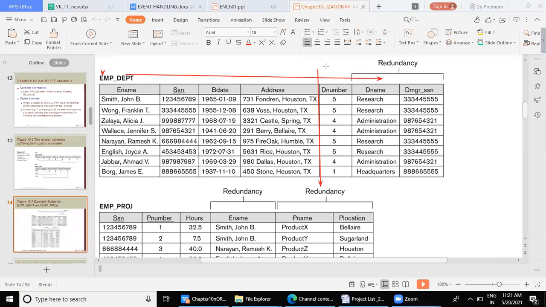The department table will look something like this. I'll create one small table roughly and show you.